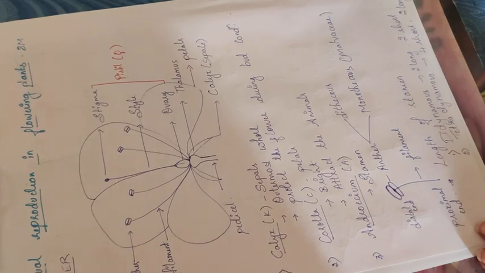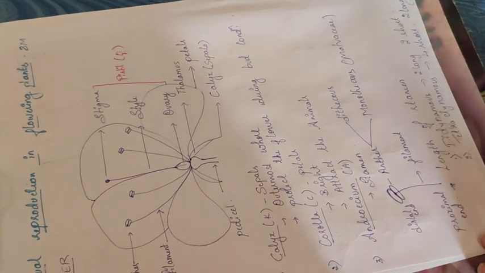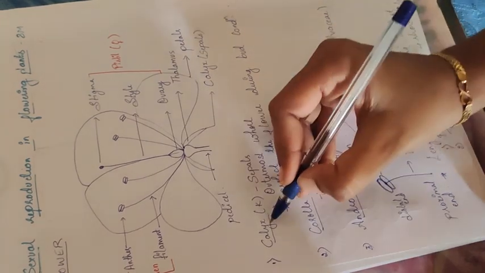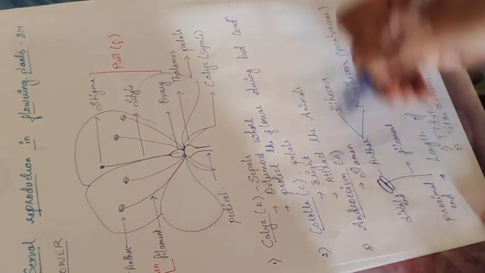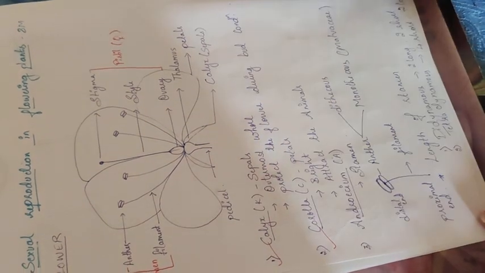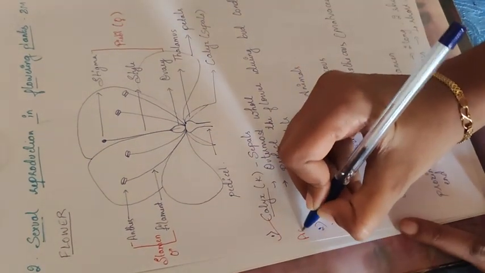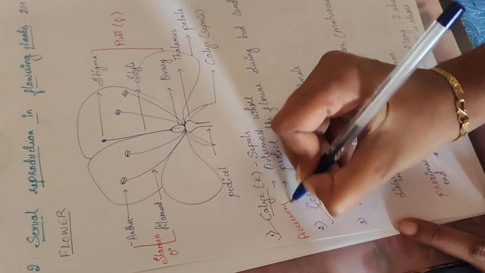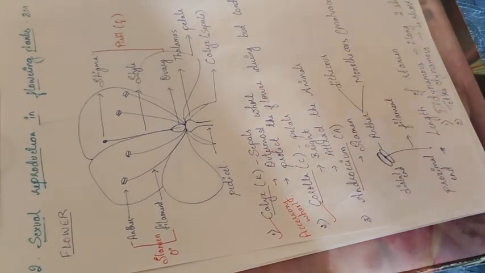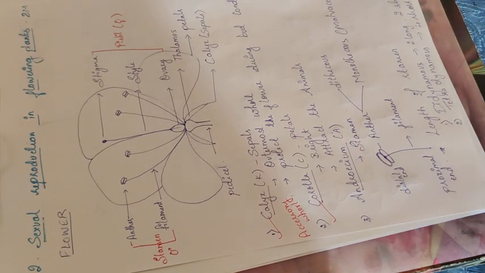So we'll see here again the 4 different whorls of the flower are calyx, corolla, androecium and gynoecium. This calyx and corolla, you call it as the accessory whorl. Why? Because this is not directly involved in the reproduction, but it is helping in the reproduction process.